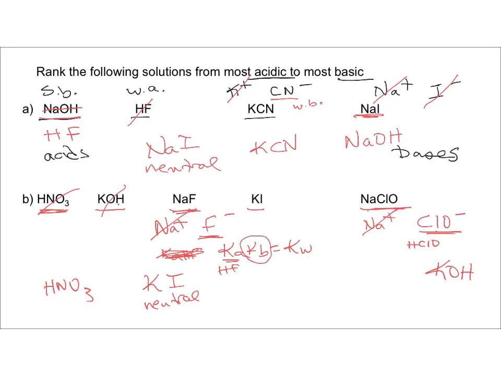Well, Ka for HF is on the order of about 10 to the minus 5. Ka for HClO is on the order of about 10 to the minus 9. Now we know that the stronger the acid, the weaker the conjugate base. So if we look at these, HF is a stronger acid, therefore F minus is going to be a weaker base.